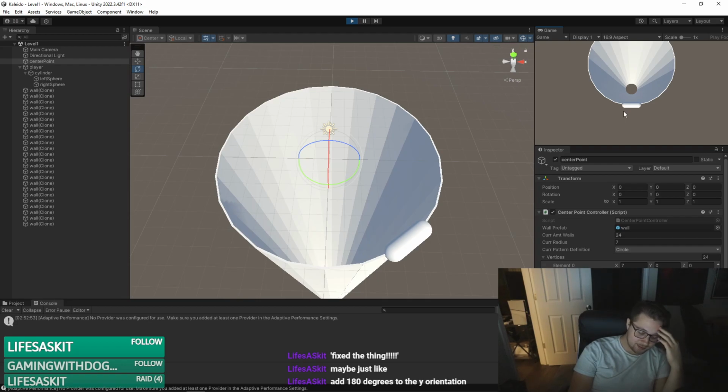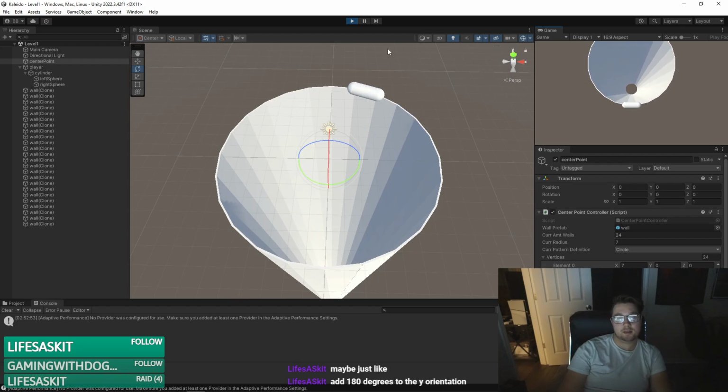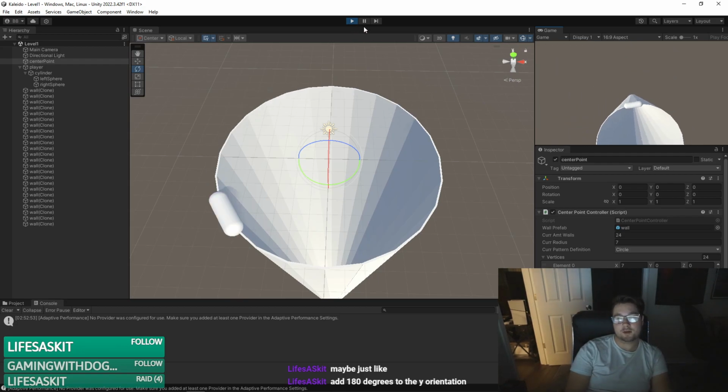Yeah. Well, what do you mean add 180 degrees to the wire orientation? I'm so tired, I don't know how that would fix anything. Okay.